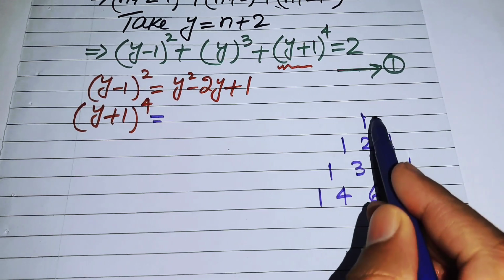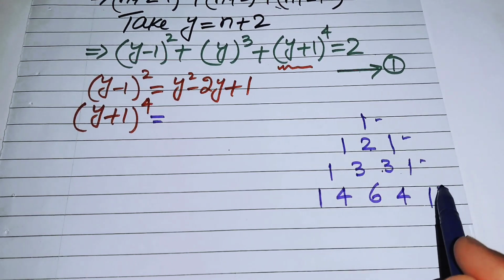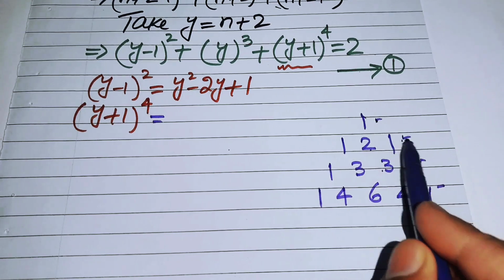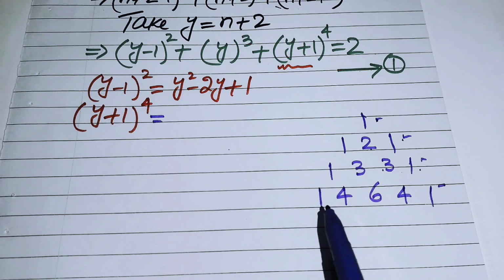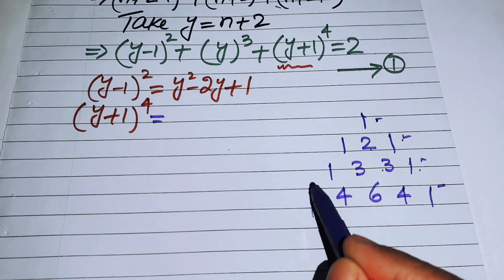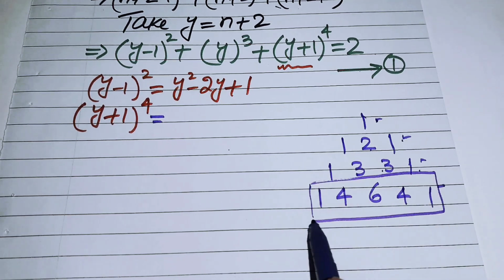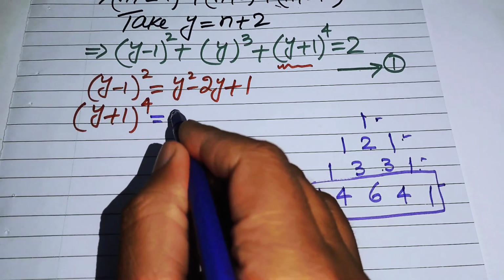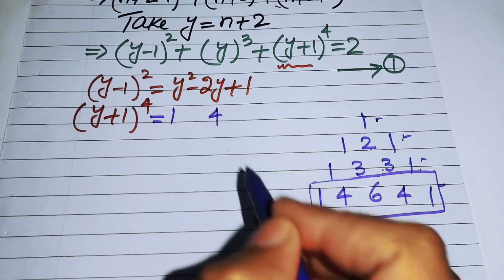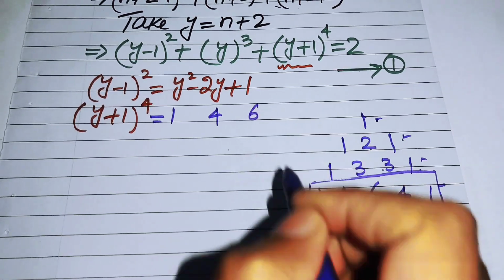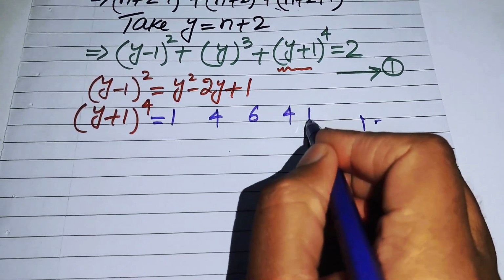So here you have the first term, second term, third and fourth. This is first power, second power, third and fourth power, because our question is up to the power 4, so we will use these coefficients. First I write these coefficients: 1, 4, 6, 4 and 1.